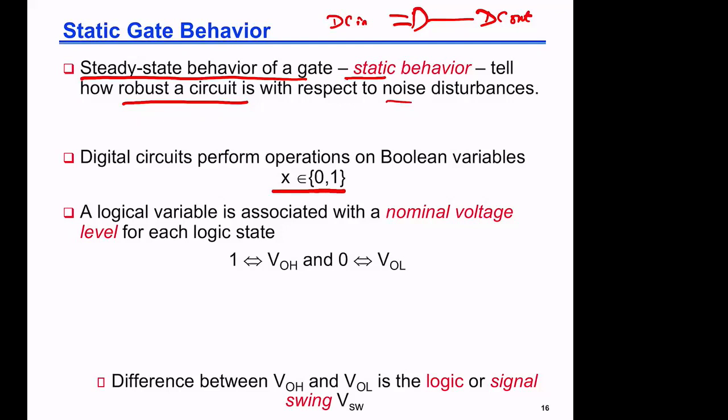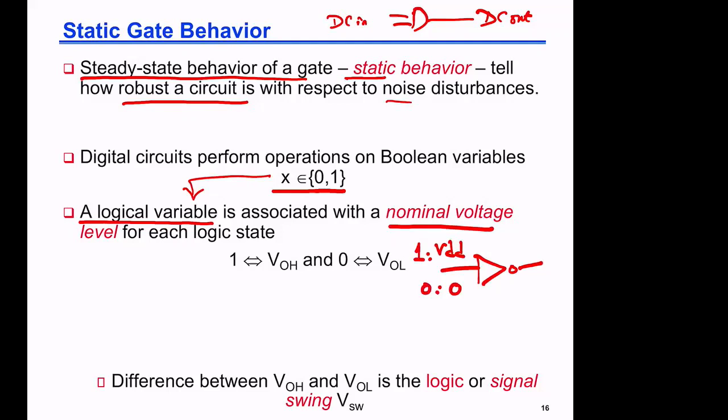This logical variable x, which is a 0 or a 1, will be associated in a regular circuit with some voltage value. For example, in the inverter, I will have 0 or VDD, and these will represent the logic value 1 or the logic value 0.